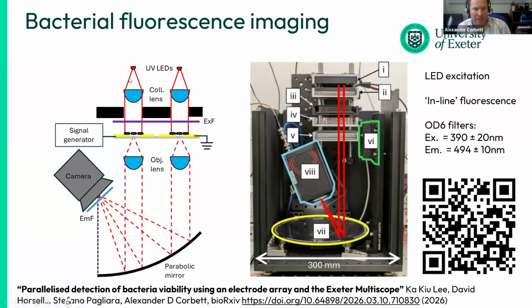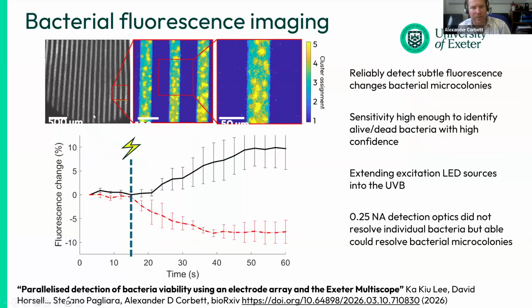Here we're using UV LEDs with an excitation filter, and we've been collecting using shorter focal length compound objective lenses, still 9mm diameter so we could fit within the 96 well pitch, and using some fairly strong excitation and emission filters, we were able to extract the difference between alive and dead cells.